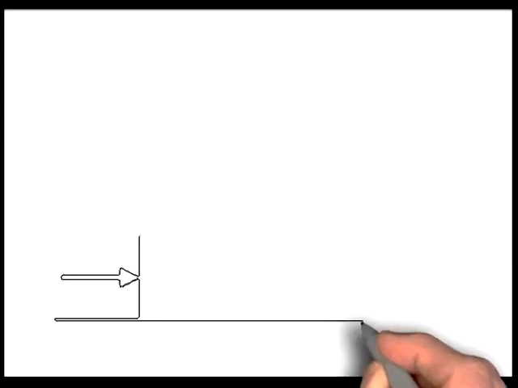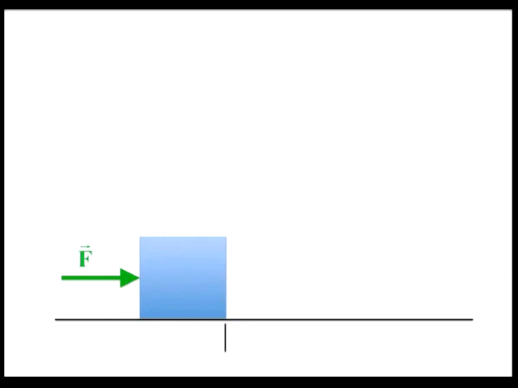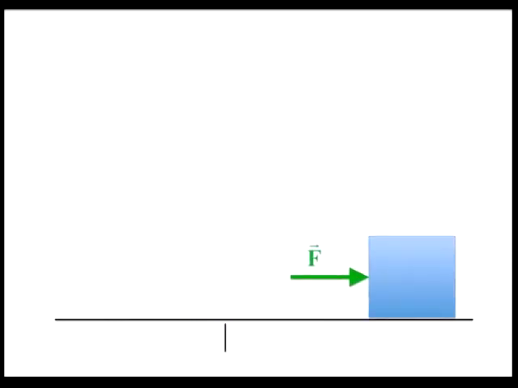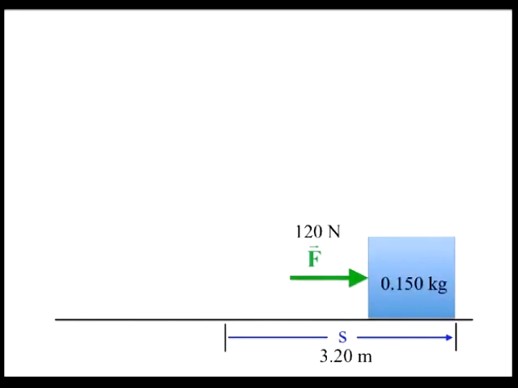A force of 120 newtons acts on an object through a distance of 3.20 meters. If the object starts from rest, how much kinetic energy does it have after the force acts on it? To answer this, we first apply the definition of work to calculate the work done on the object.